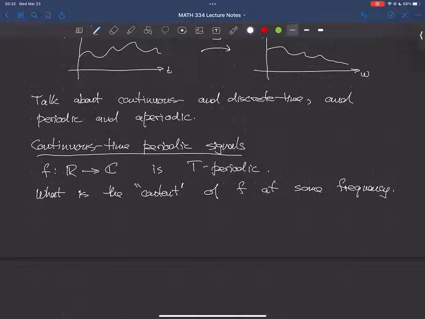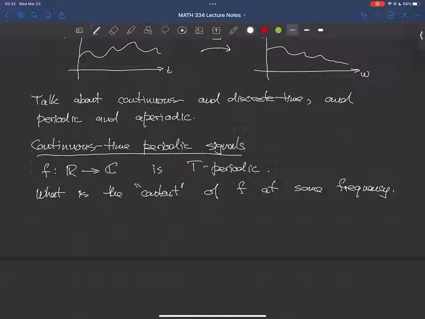One of the reasons why the continuous time periodic case is the easiest to motivate is that it comes equipped with a bunch of natural frequencies, namely the integer multiples of 1 over the period. So 1 over the period is a frequency.